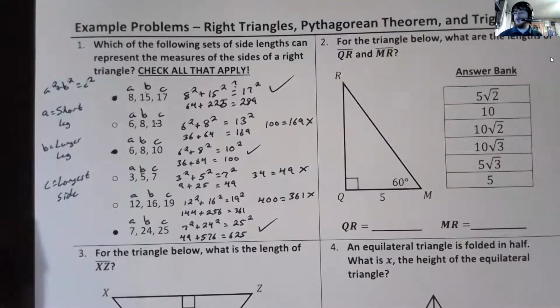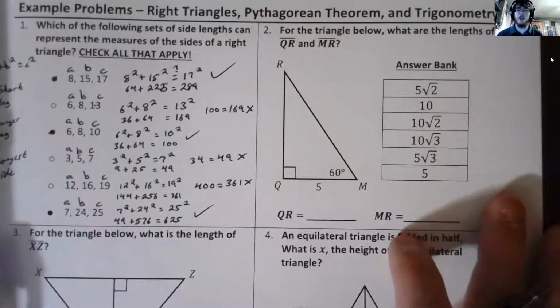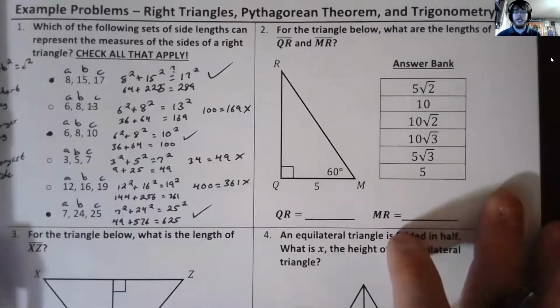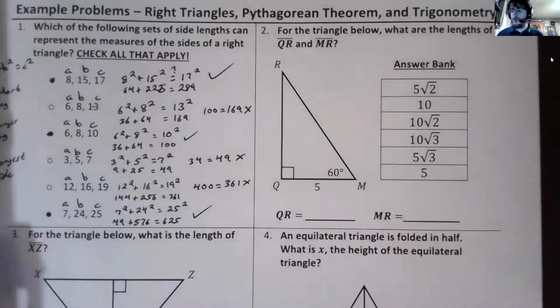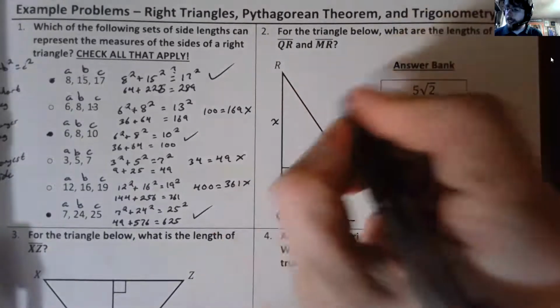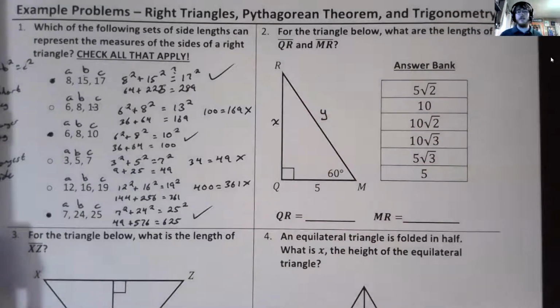All right, number 2, it says for the triangle below, what are the lengths of QR and MR? So what I'm going to do is put an X and a Y on these two. Since we've already done trigonometry, by all means, go ahead and use trigonometry.